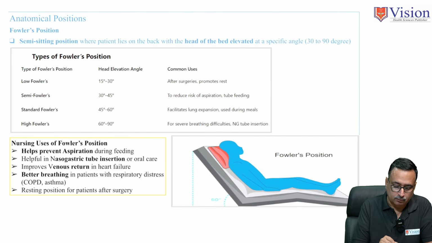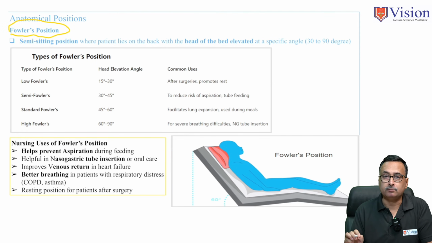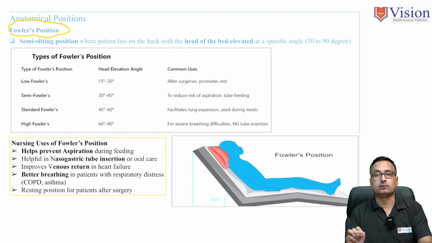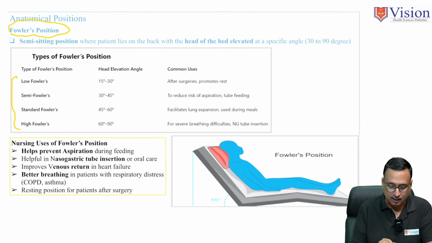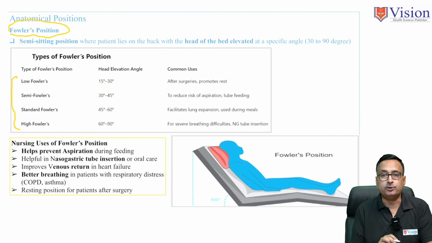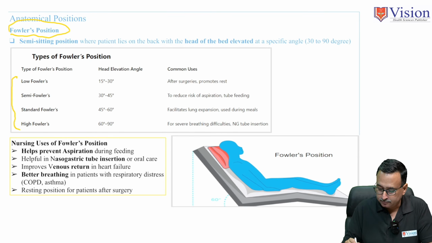Another very important position is Fowler's position. Fowler's position is a sitting position where the head and back of a person are rested and supported. Fowler position can be of 4 types. As you can see from the slide, all 4 positions are based upon the angle formed by the back of the person with the horizontal floor.